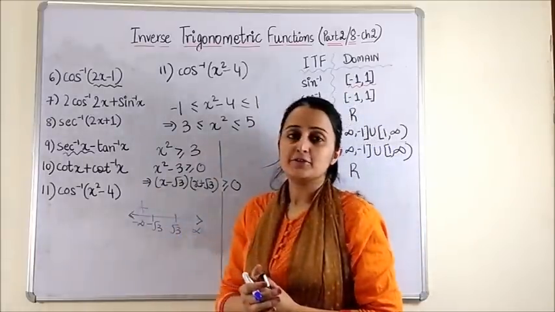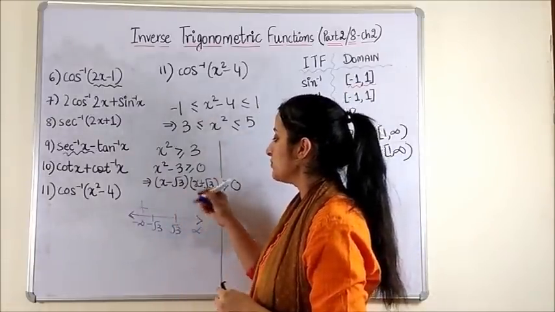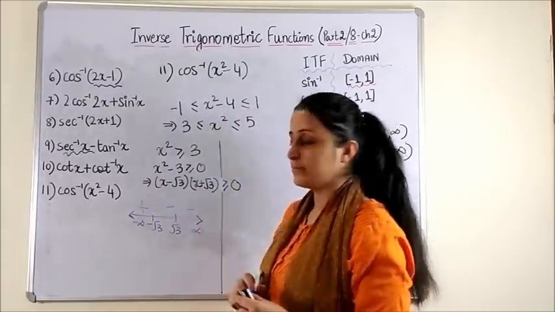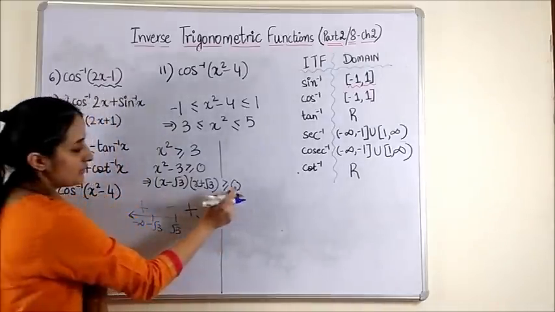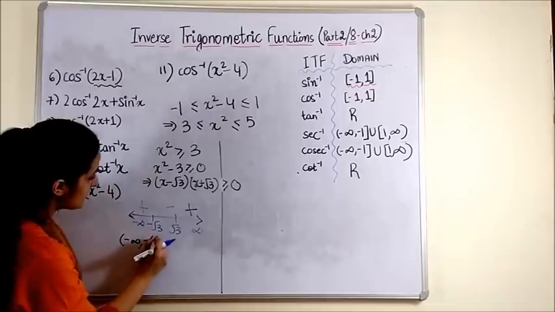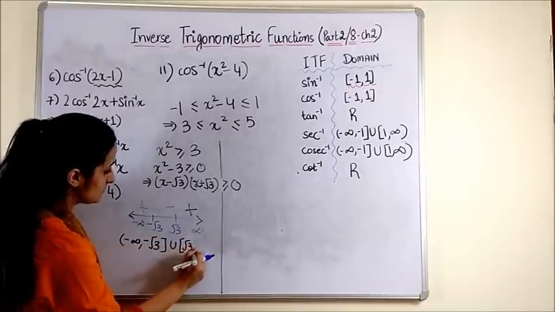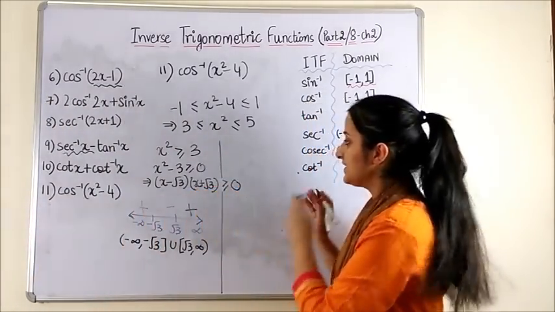Now for this one, minus root 3 to root 3, if I select 0, I'll get negative into positive, so it's negative, and lastly once again we get it to be positive. So from this, since we are interested in the intervals which are positive, we get the answer as, now moving to the next side.